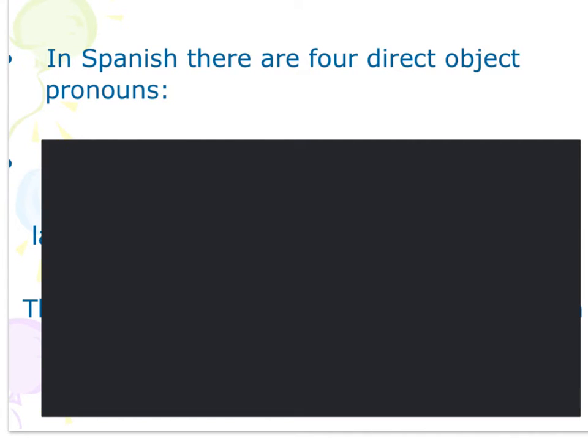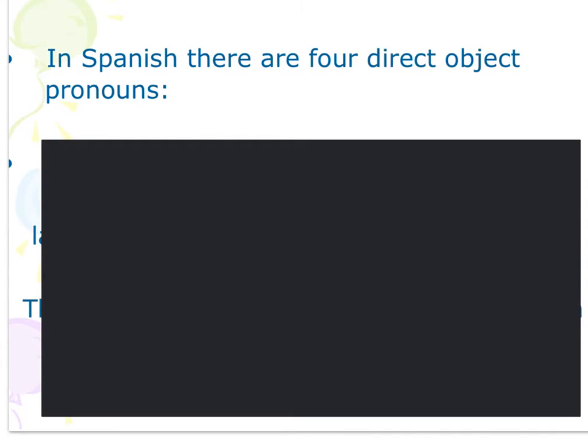Of course, there are direct object pronouns in Spanish, and that is what we're learning today. There are 4 direct object pronouns that you will learn today. Of course, like always, Spanish is very complicated, so we're going to go through it slowly. But first, we're going to start off with the singular direct object pronouns for it. So it is singular, them is plural.